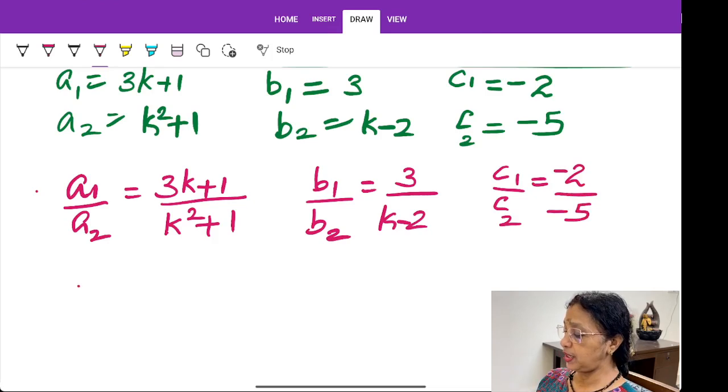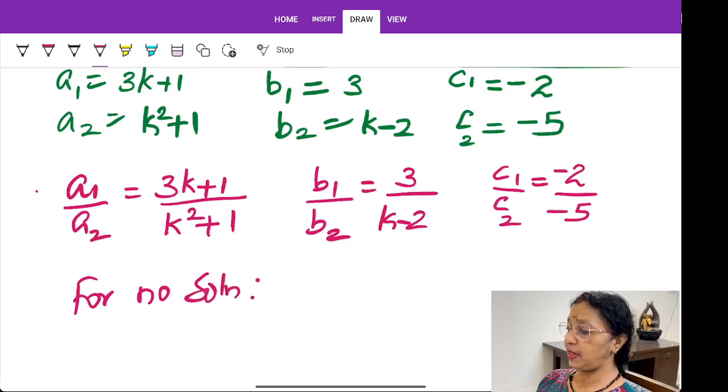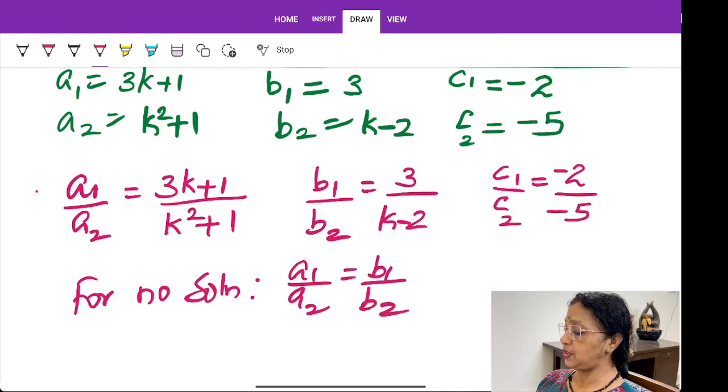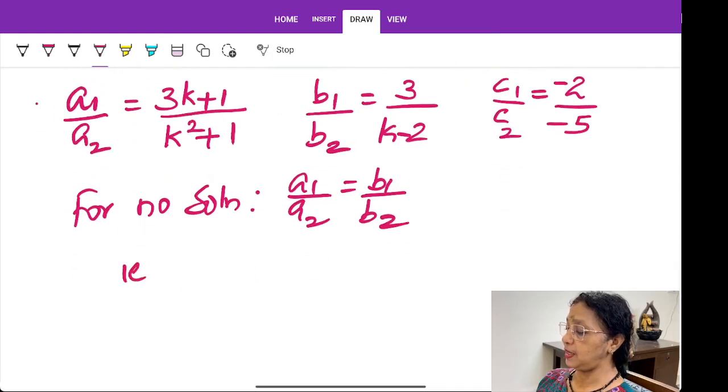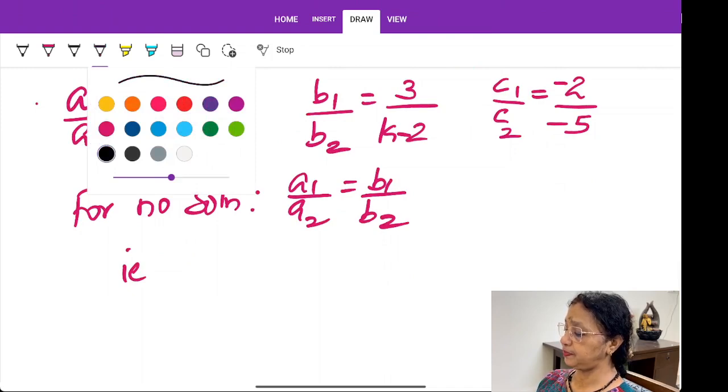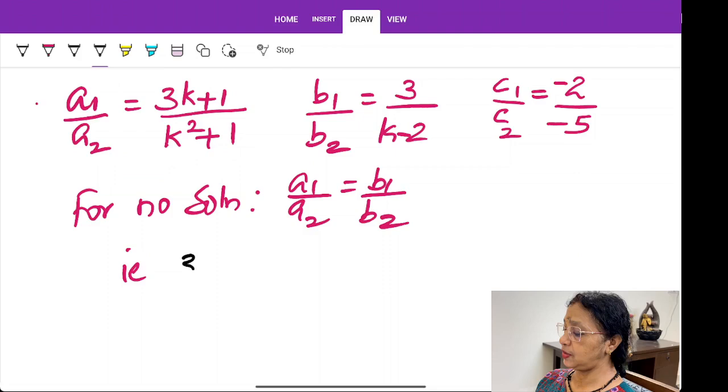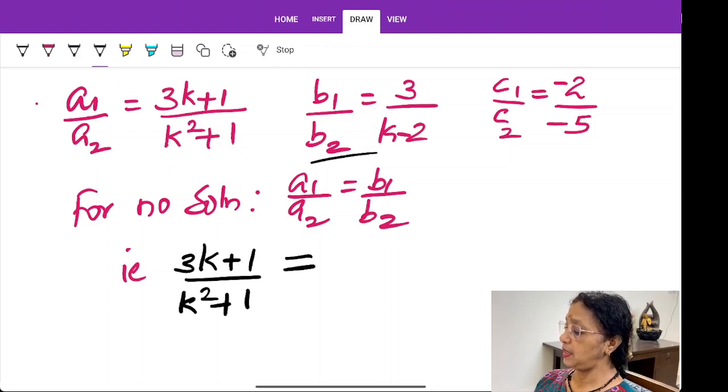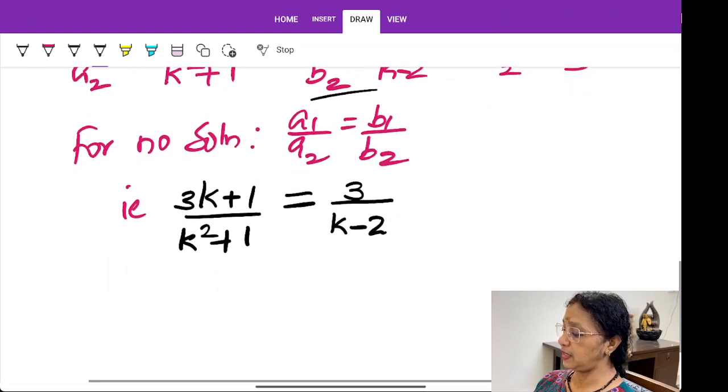For no solution, a1 by a2 and b1 by b2 are equal. So that means 3k plus 1 divided by k square plus 1 is equal to 3 by k minus 2. By solving this, we can find the value of k.